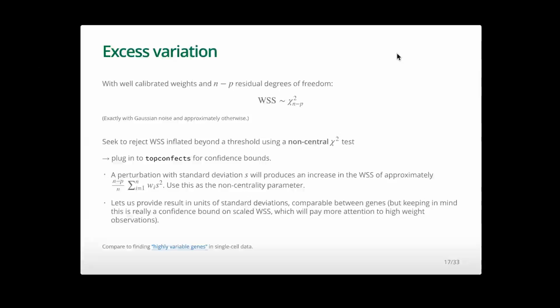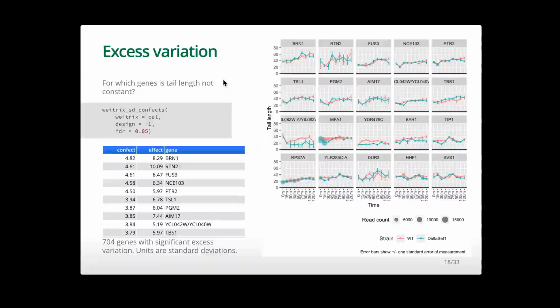And so what this looks like, what I'm going to do here is look for genes that have excess variability compared to a very simple model with just an intercept term, a model that says all the tail lengths are the same. So that'll pick up on any sort of variation over time, in different strains, maybe some weird combination of the two.